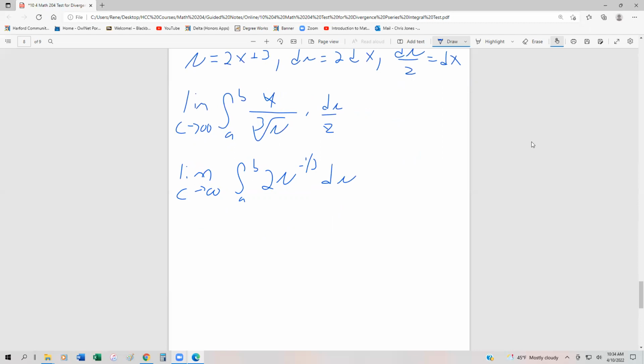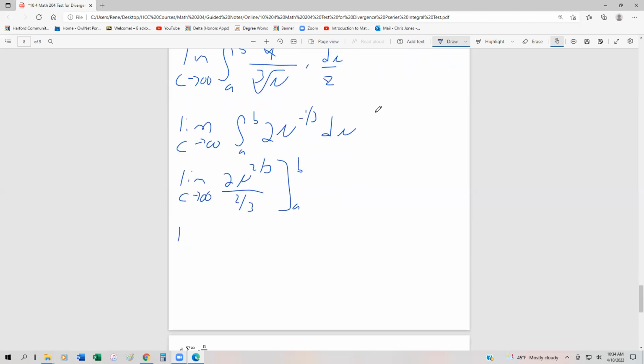Now we can just go ahead and use our regular integration rules. So we get the limit as c approaches infinity of 2u to the 2/3 divided by 2/3 from a to b. I'm going to back substitute for u, which we said was 2x plus 3.